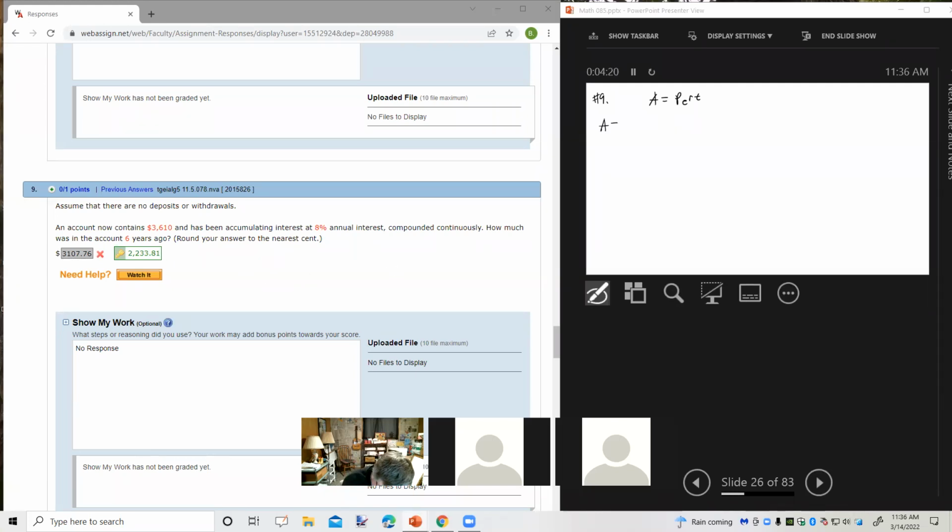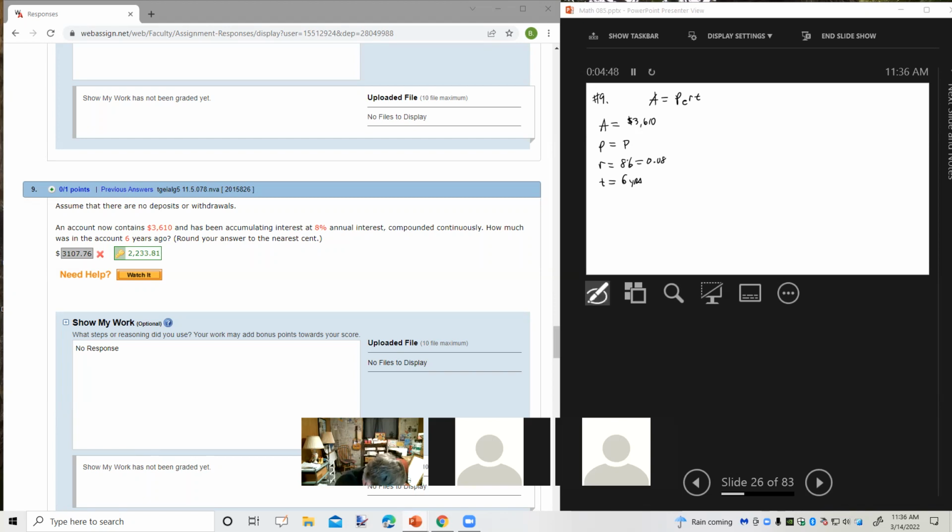So we've got A, P, r, and t. The accumulated amount, which is what's there now, is the 3,610. How much was in the account 6 years ago? That's the unknown starting amount. Okay, the interest rate is 8%, which is 0.08, and the time is 6 years. Any questions about that?